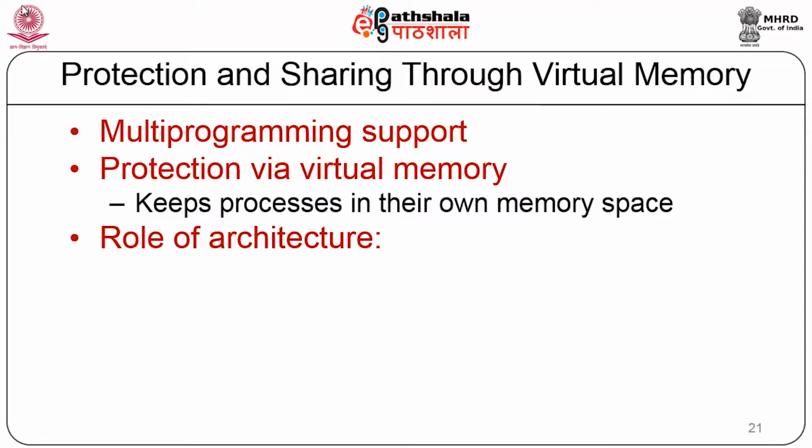So, how do you make sure that the processes stick to their own memory space? One process does not interfere with the space of another process, or you do not have any interference between the user processes and the kernel process or the OS processes. So, that has to be taken care of when you are looking at virtual memory.